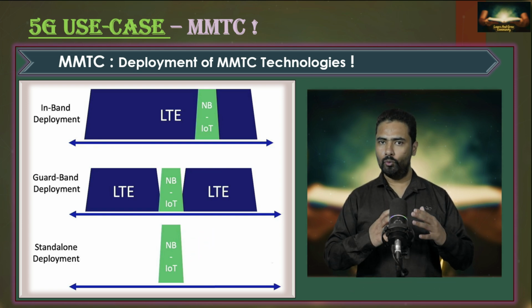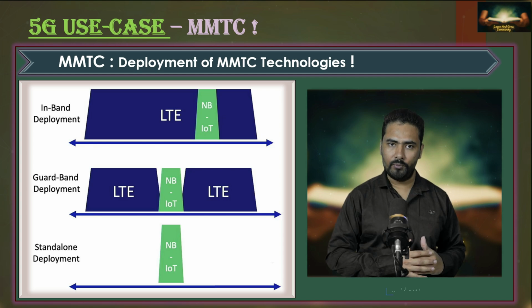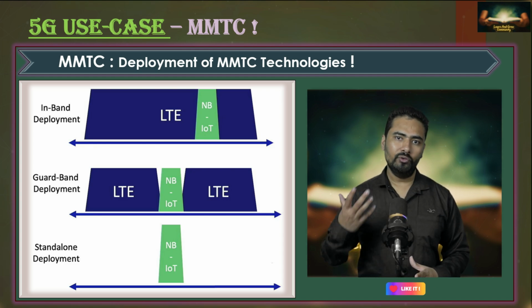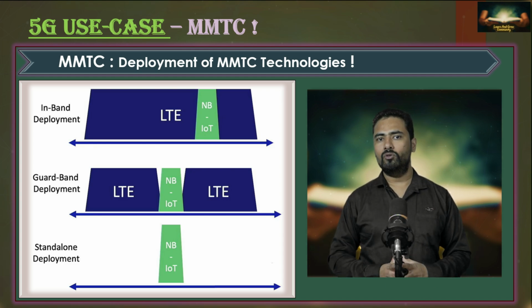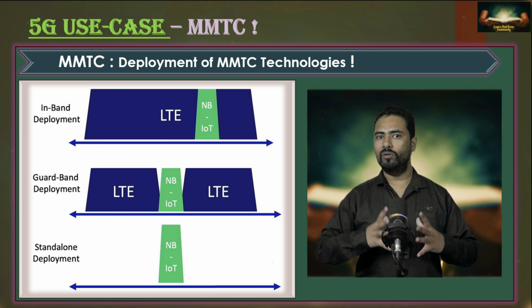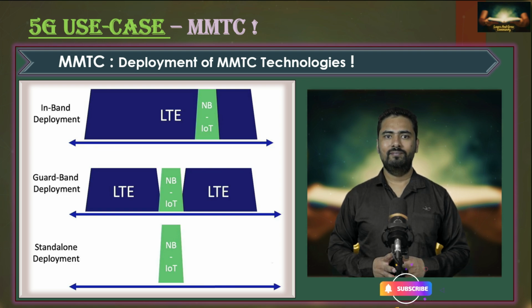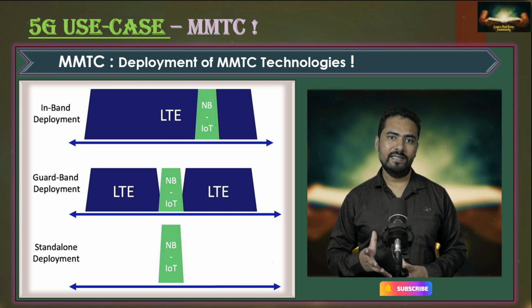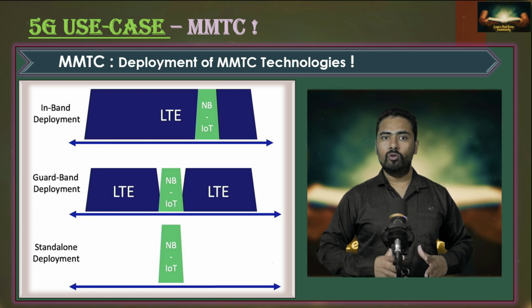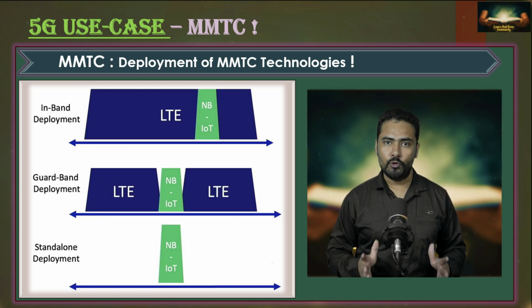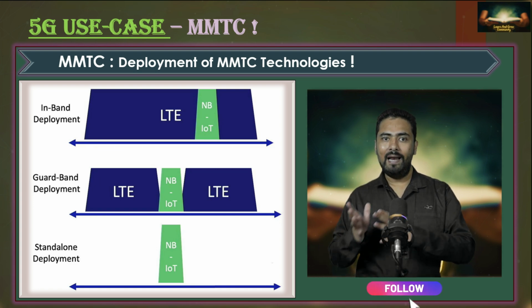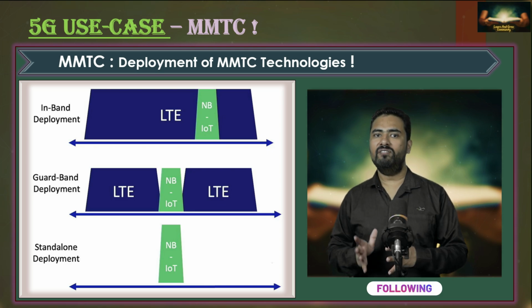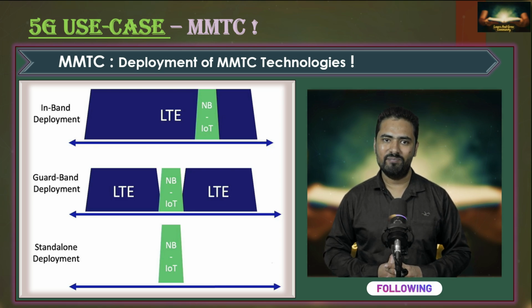Narrowband IoT supports all three types of deployment options. Regardless of the option chosen, both of these technologies can seamlessly integrate into existing LTE networks. They can provide mMTC-based services, and depending on the traffic, do time sharing to share the load between LTE broadband and massive machine type communication use cases.